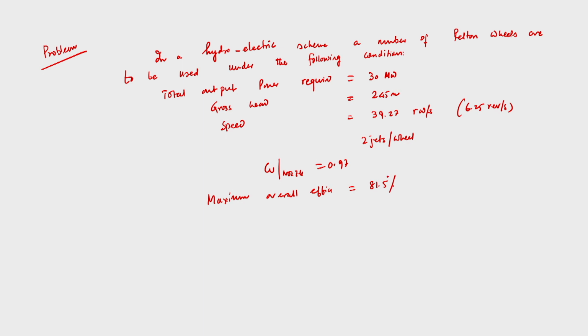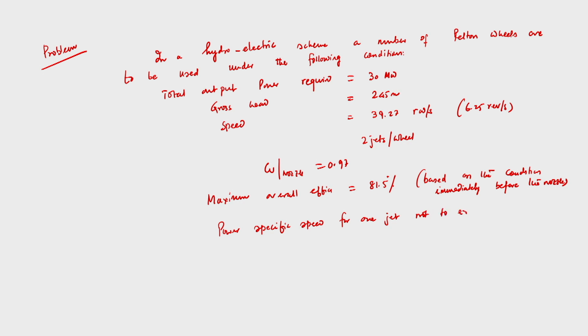And the power specific speed for one jet, this is important, is not to exceed 0.138 radian, that is 0.022 revolution.